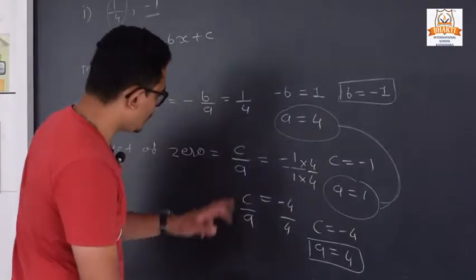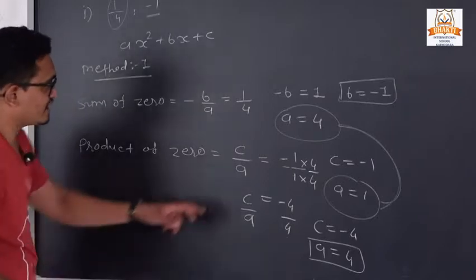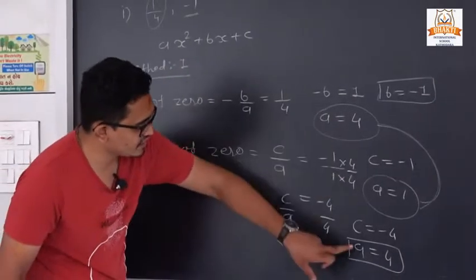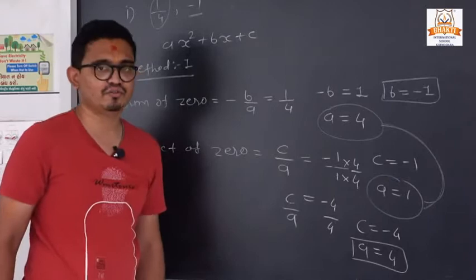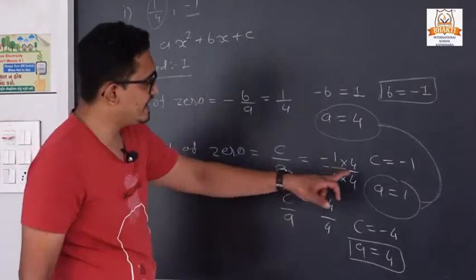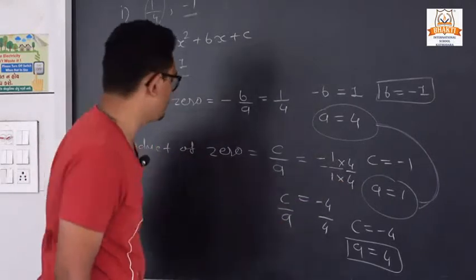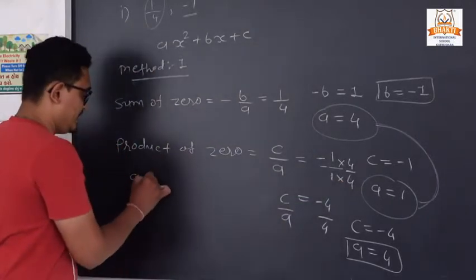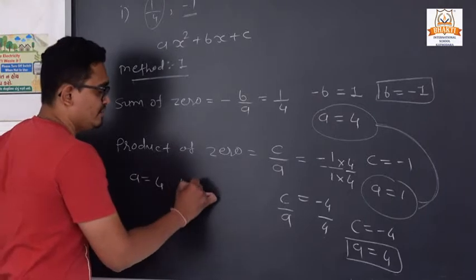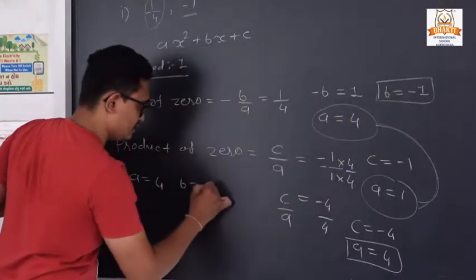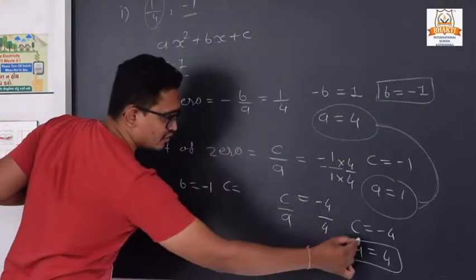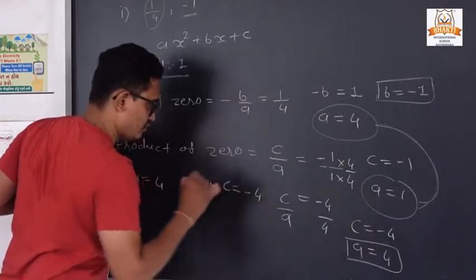Now see, what is the value of a? a is equal to 4. Here we also get a is equal to 4. So here we do not write a is equal to 1, because we can compare these both. So now a is equal to 4, b is equal to minus 1 and c is equal to minus 4.